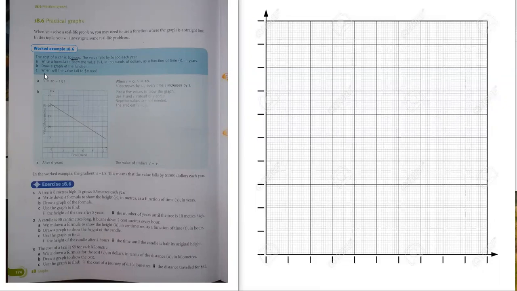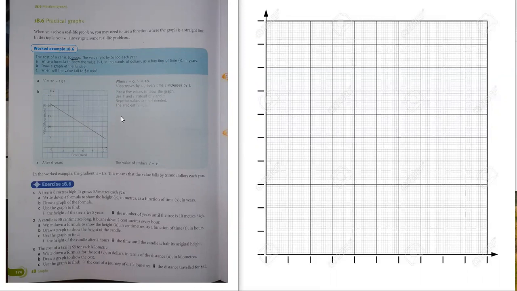So they ask you to write a formula to show the value, which is the car value in $1,000, as a function of the time. That means by how many years the value of the car is how much. That is the question.